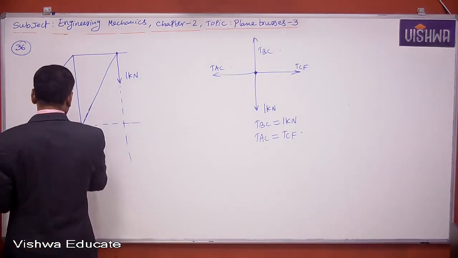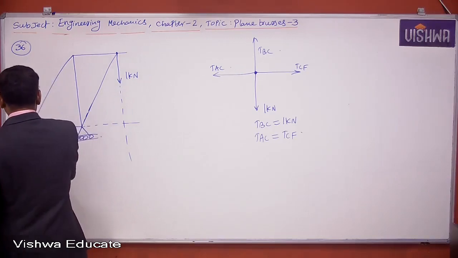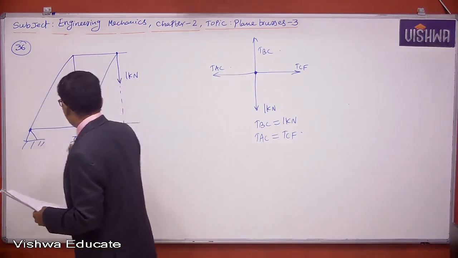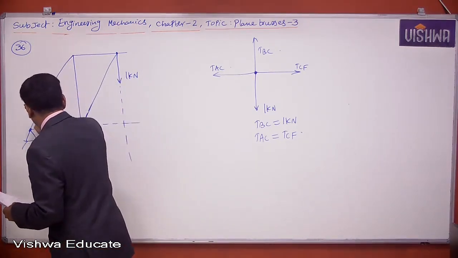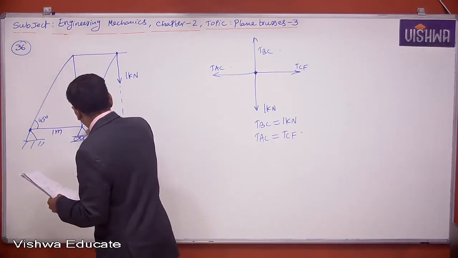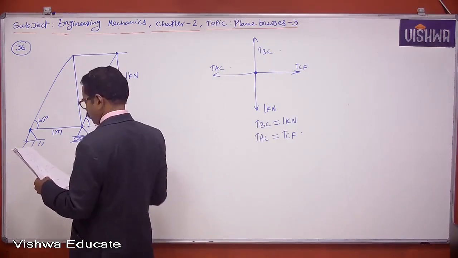So here a roller support is provided. Here a hinged support is provided. This is 1 meter and this is 45 degrees. This is also 45 degrees. This is also 1 meter.